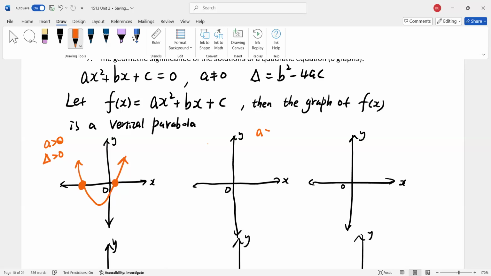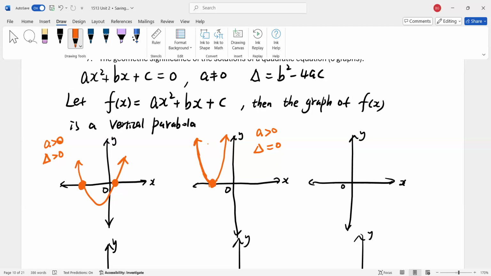If A is positive, but delta equals 0, then the graph looks like this. Negative b over 2a is the solution.